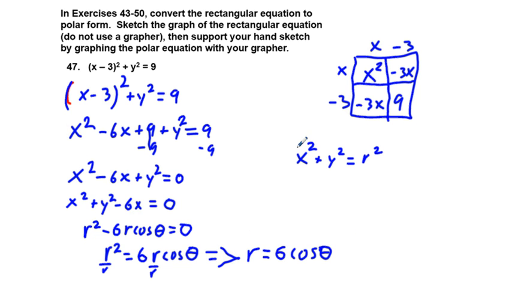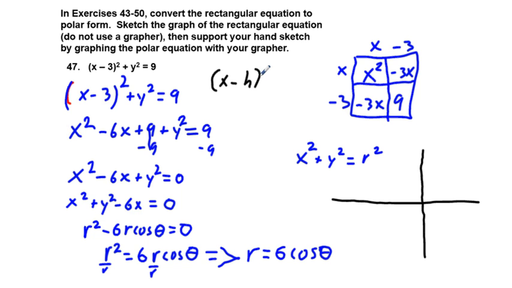As far as graphing this equation, I'm going to go back to the rectangular form and draw a little xy coordinate plane. I'm going to look for the original equation. Remember, the standard form of a circle is going to be quantity x minus h squared plus quantity y minus k squared equals r squared. Okay, that's the general format.